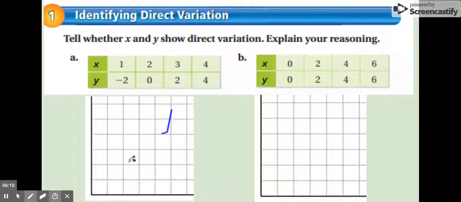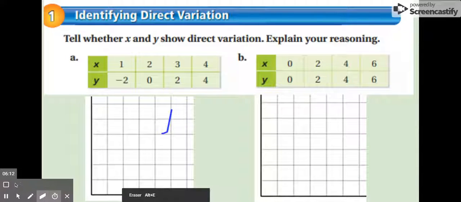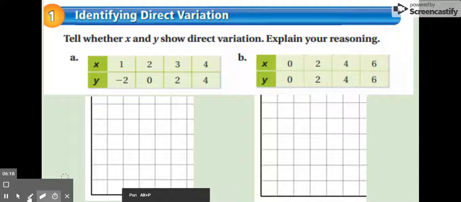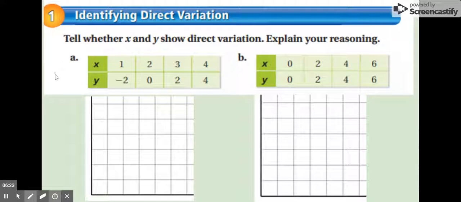All right, so if you look at the example, we need to decide if x and y show direct variation. We need to prove that. We need to check if x and y are changing by this equation, and it passes through the origin, remember. All right, 1, -2.